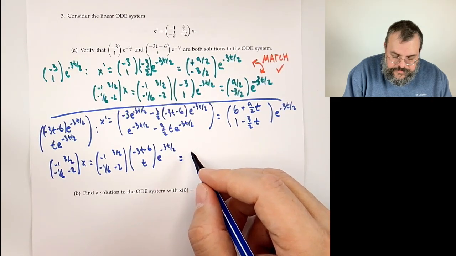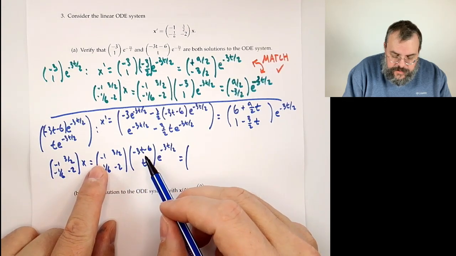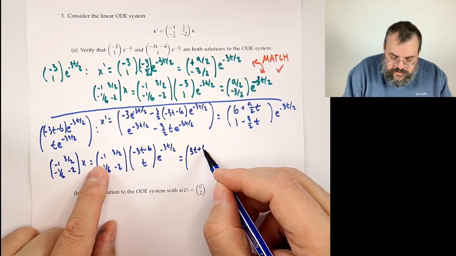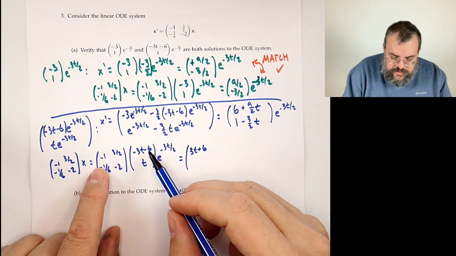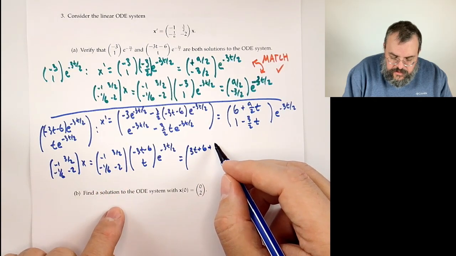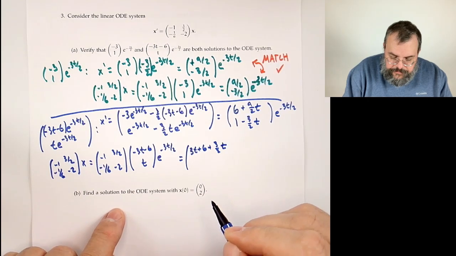Okay, so this will be, well, -1 times -3t over 6. Well, that's 3t plus 6, right? 3t plus 6, and then plus our 3/2 t.